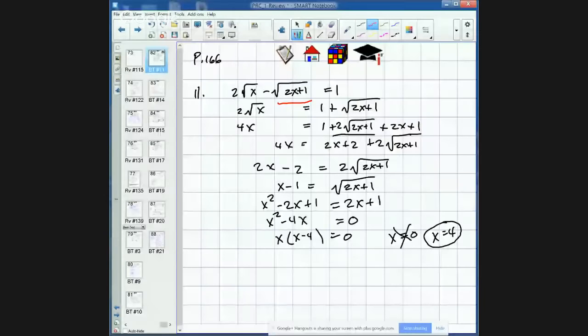So what I did is I started by adding that to both sides. So then it appears over here.